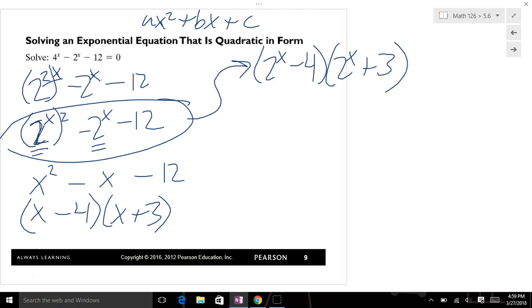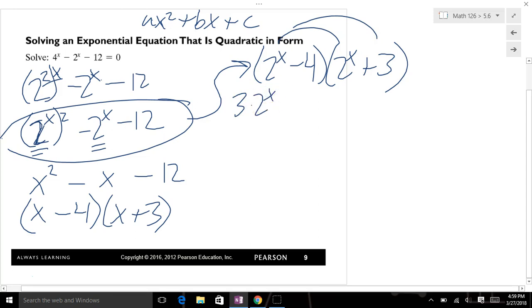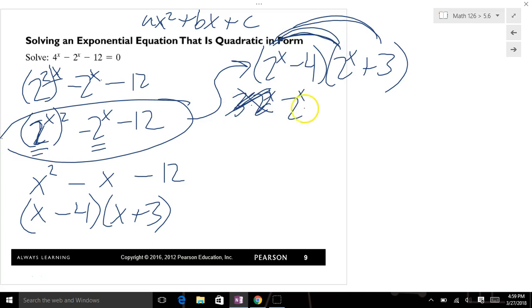If you're not sure, just make sure you check it. First, 2 to the x times 2 to the x. And then you've got the 3 times 2 to the x minus the 4 times 2 to the x, and then minus the 12.